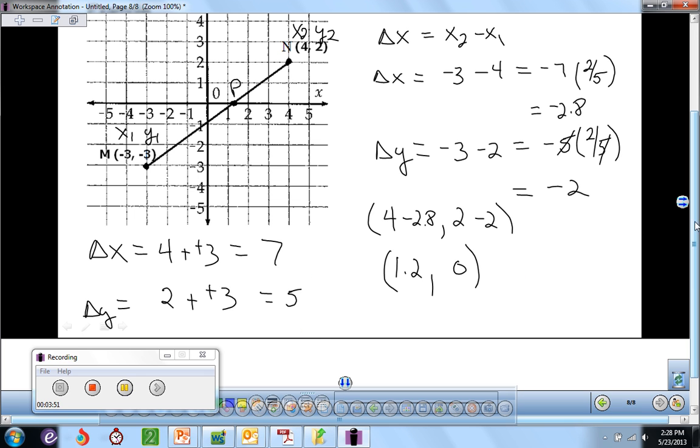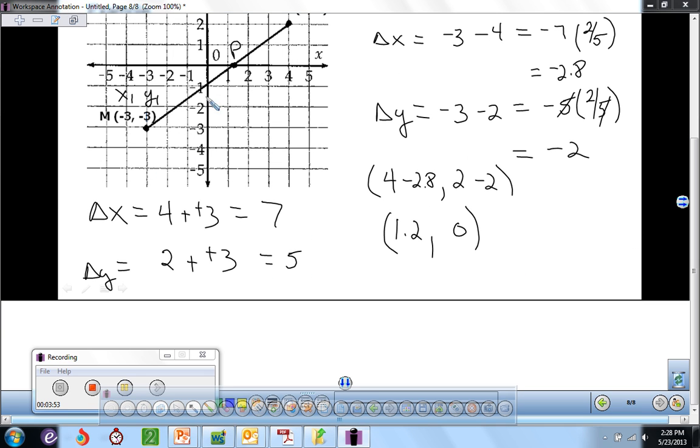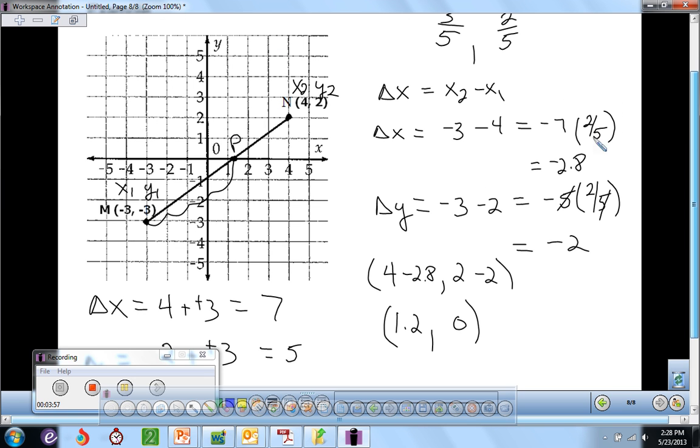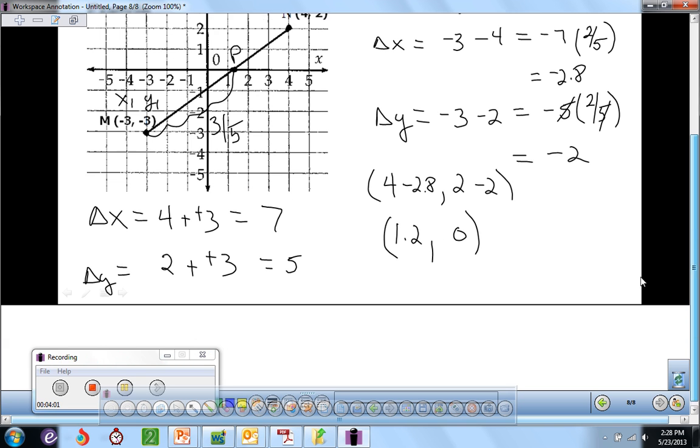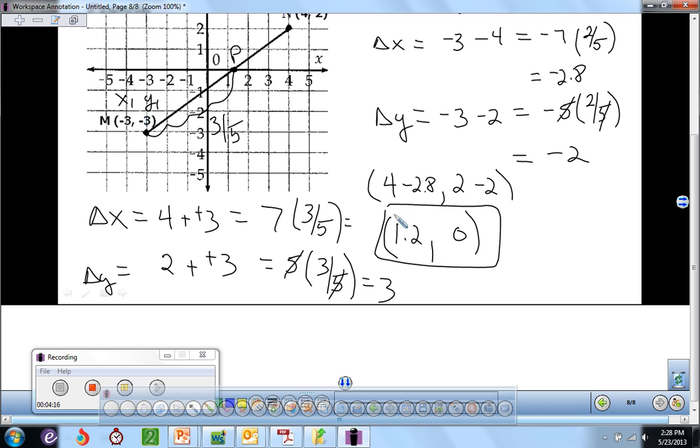Now, since we're coming up from here, and we know that this, from what we were told, represents 3/5, we'll use 3/5 to multiply this and this. Here the 5 will cancel out, so we're left with 3 for that. Here the 5 won't cancel out, so that's 21 over 5, which we should come up with again as before.